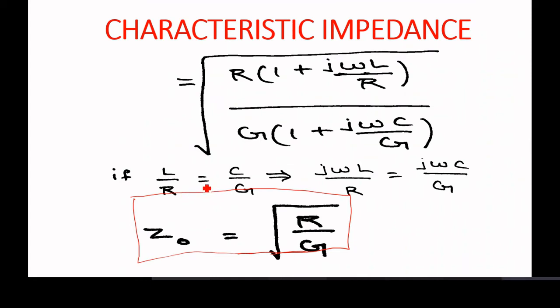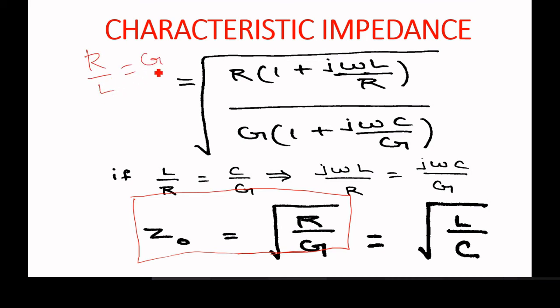Now again you can substitute. How did we get this? We have R by L is equal to G by C, right?